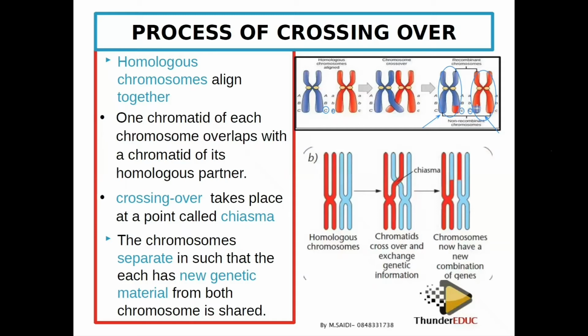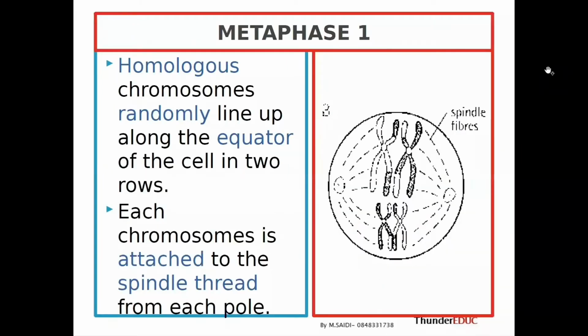This is the result of crossing over. That's what they were explaining on these notes. In this diagram, you'll notice the homologous chromosomes, and then crossing over takes place, and after crossing over the genetic material has been passed on to each other. Now we can move to the next slide.